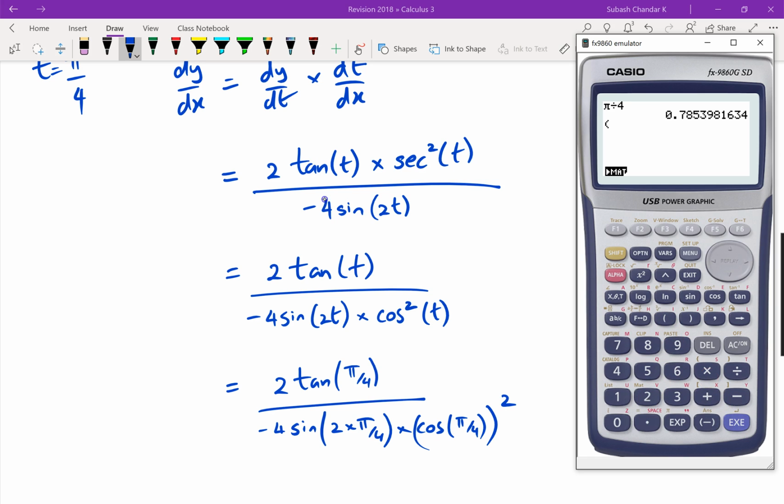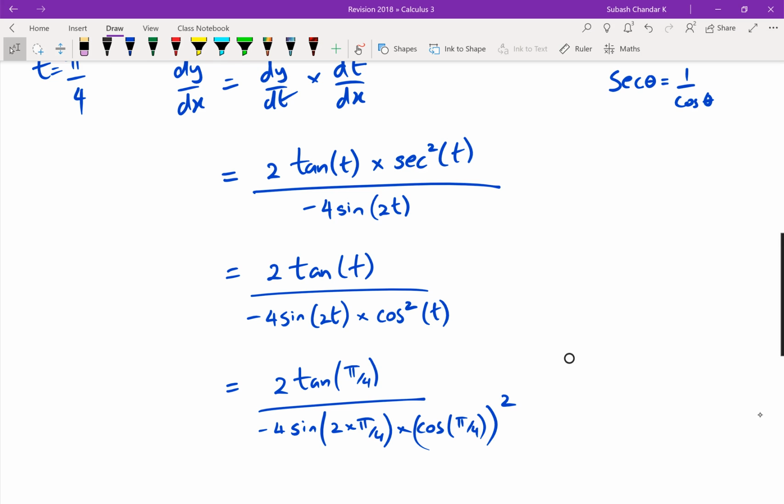So in my top bracket, I've got 2 times tan of answer, divided by negative 4 times sine of 2 times answer, multiplied by bracket cos of answer squared. Hopefully that's enough brackets. That looks all right. So I've got my answer as negative 1.